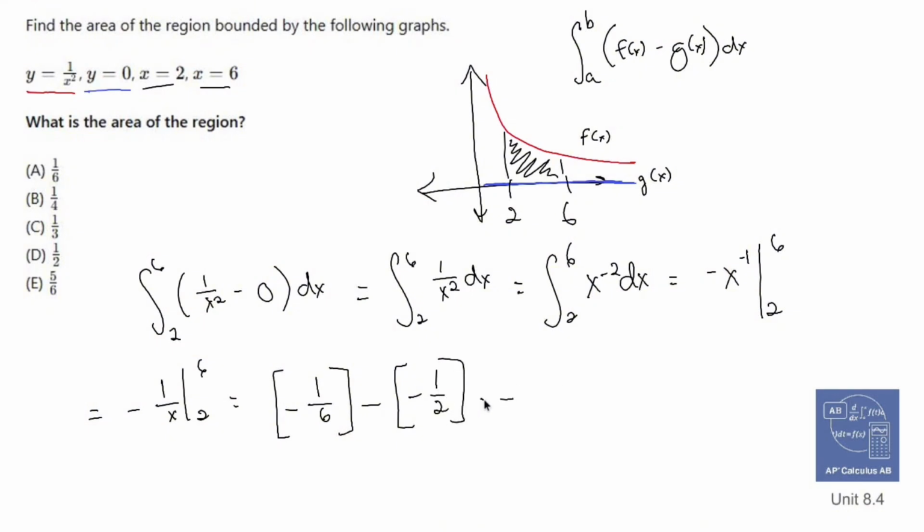So I'll keep that negative 1 over 6, and we'll make that double negative a positive. We'll make it 3 over 6, giving us 2 over 6, giving us 1/3, which is going to be C. So that's how you do that problem.